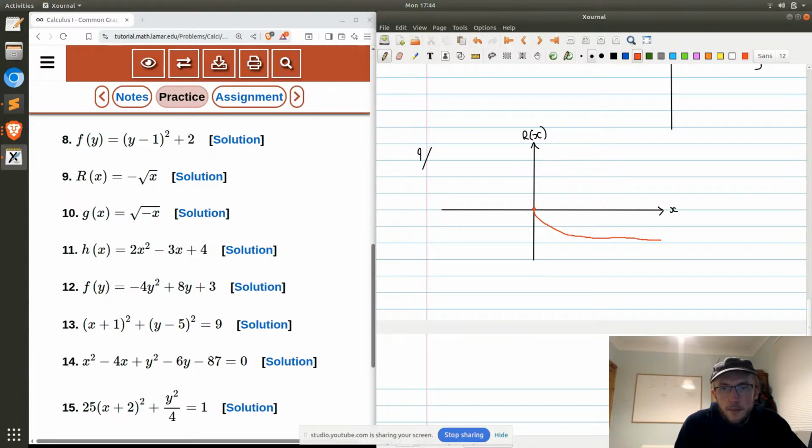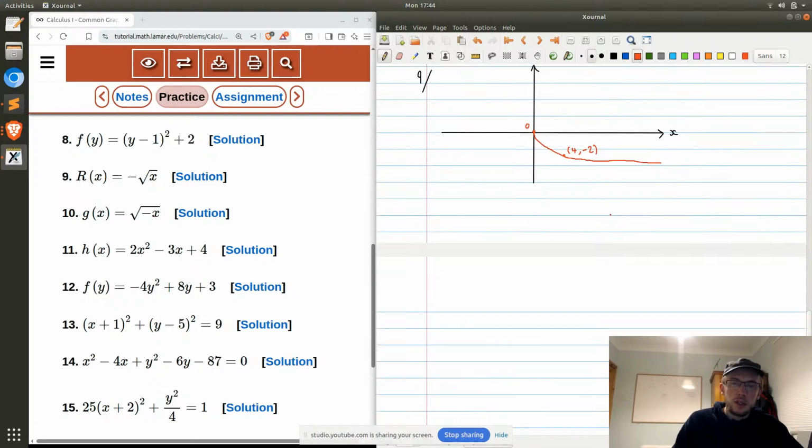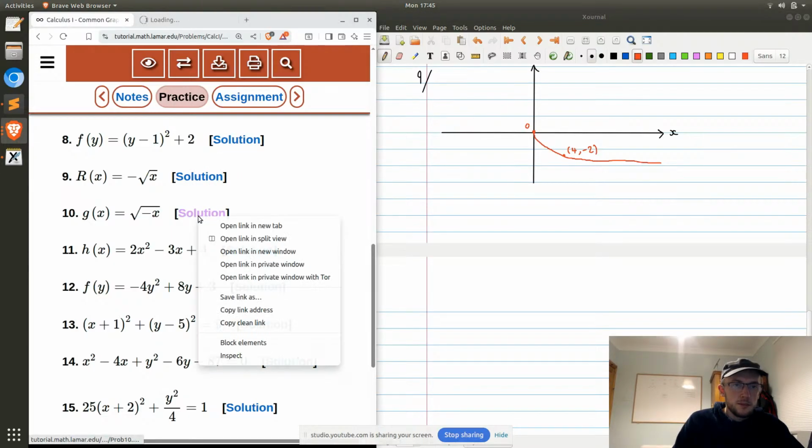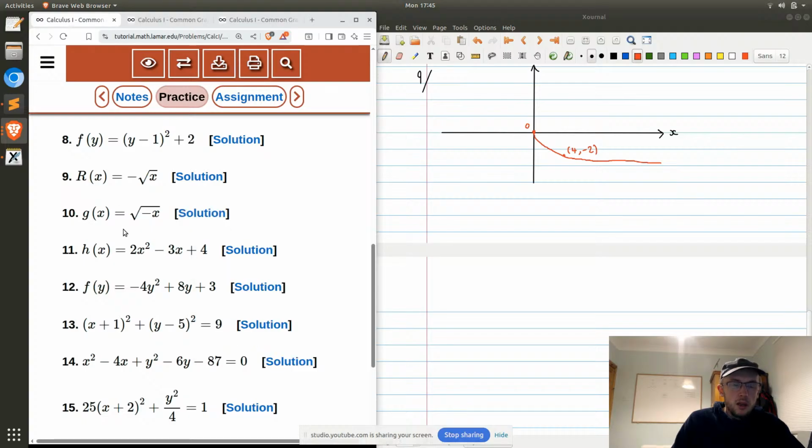There. And if you want a point on it, let's say 4, negative 2. Just a typical point on the curve. This, well, what about this?